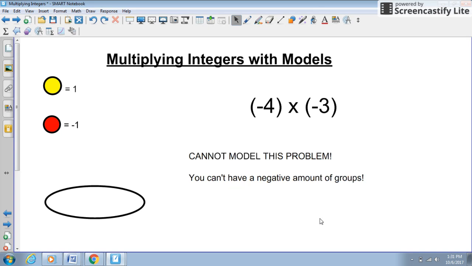So if you ever have negative times negative, understand that you are not going to be able to model that problem. You're going to have to do the multiplication using the rule, which we're going to get into in a minute.